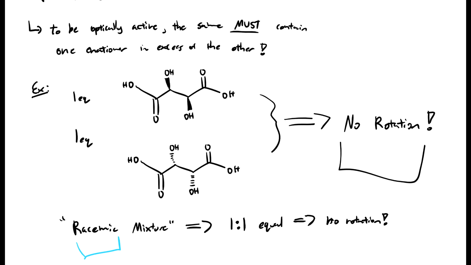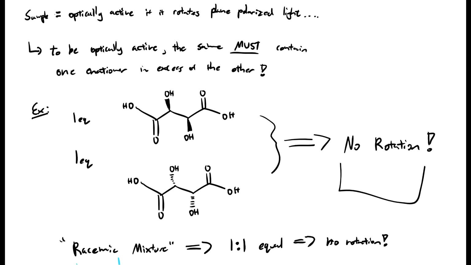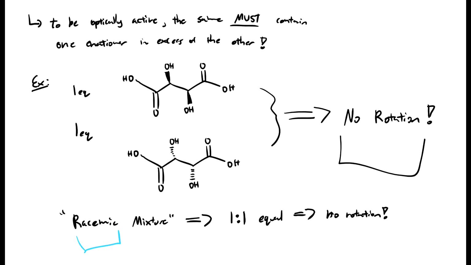If we have a collection of data, we can put a sample through polarized light and know the exact number of degrees that the light was rotated, counterclockwise or clockwise, and that could help us determine the exact type of isomer that we have. And this is the whole idea of optical activity.